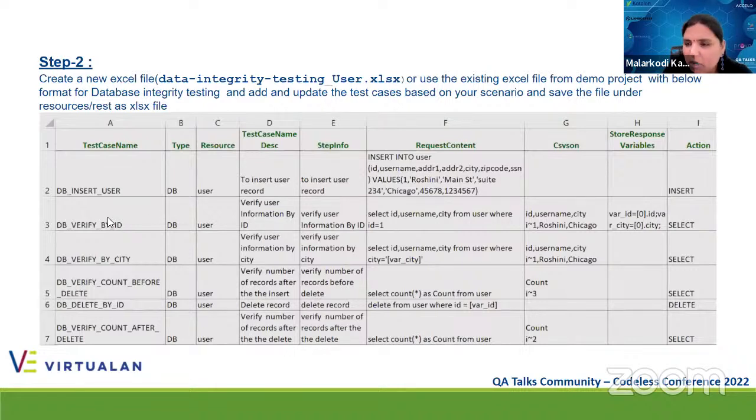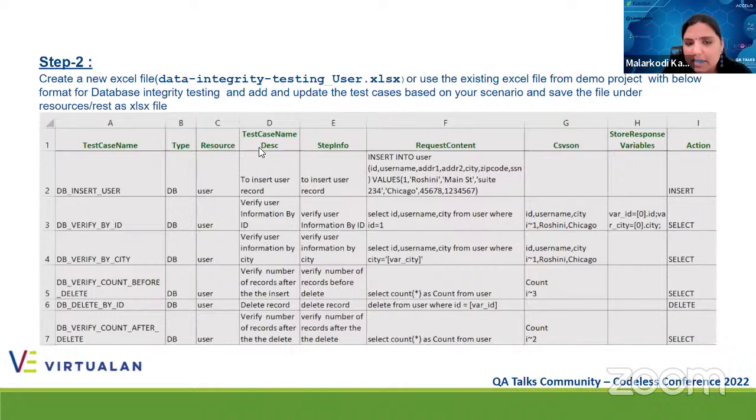In between, if you want to do any REST API call, then that row becomes API. You got it, right? The third column is resource, which will be used in the properties. I will show where I am using this. I am naming it user because I am using the user table.